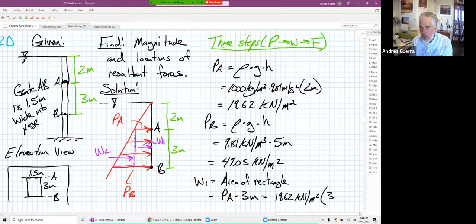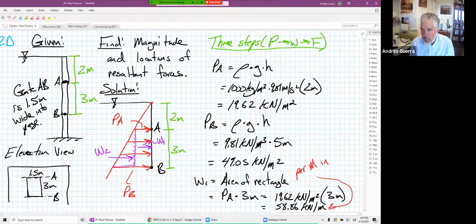And if your units work out, a lot of times that means that you're following the correct process. So we see a meter here in the 3 meters over a meter squared. So we're going to end up with W1 being 58.86 kilonewtons per meter.